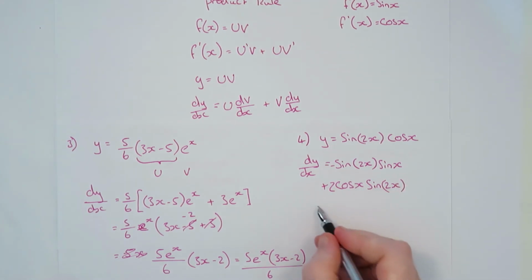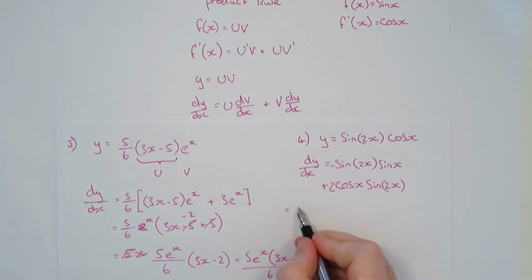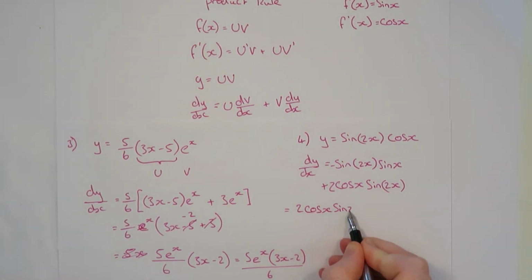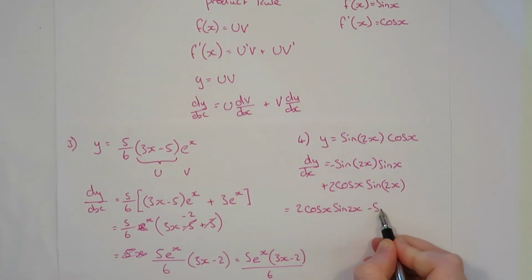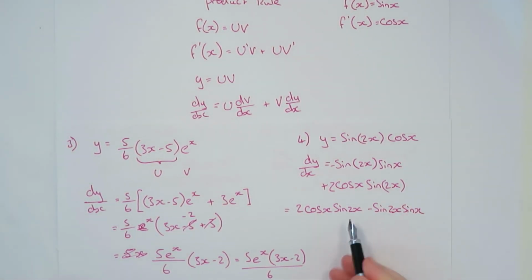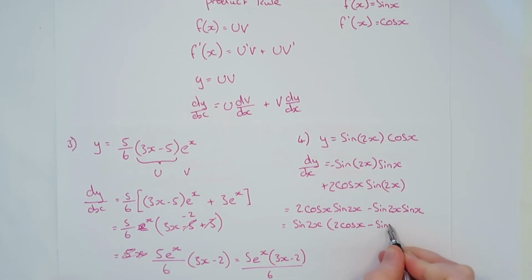So if I write this out as 2 cos x sine 2x subtract sine 2x sine x. And here you can see we have a sine 2x term in both parts of that, so we can factorise that out. We're left with sine 2x times (2 cos x minus sine x). There we go.